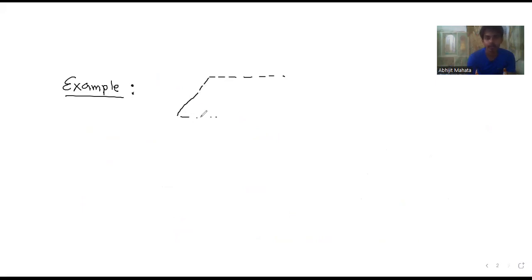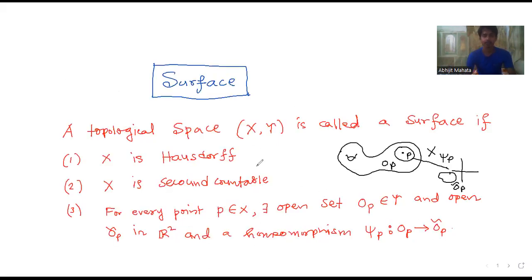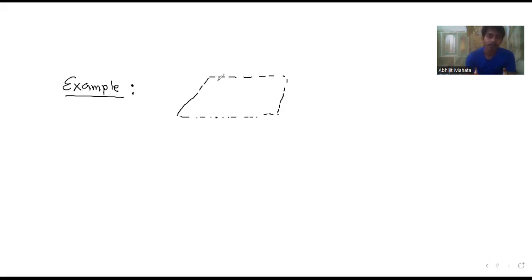One thing I'll tell you here: there is one more definition, the surface with boundary, but here I wrote the definition of surface without boundary. Now, if you take this plane, I put dots here because I'm trying to say that we are not including the boundary. We are taking this part. So then this is a surface, the first and easiest surface.